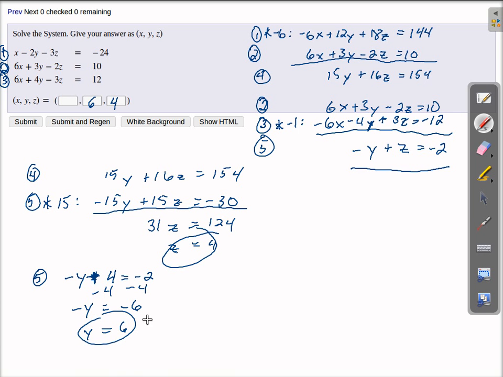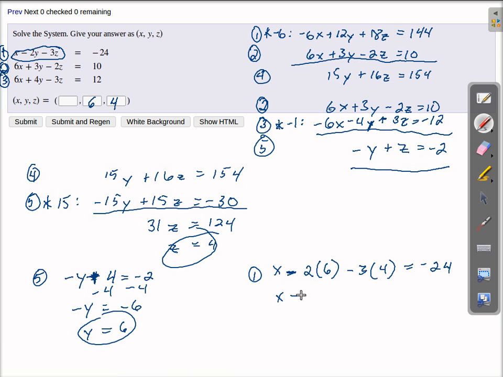Now that I know z and y, I can go back to one of the original equations and pick the easiest one. It looks like this first one is the easiest one. Plug z and y in, and I'll be done. So let me do that here. If I know that y is 6, I can say this first equation is x minus 2 times 6 minus 3 times z, but of course I know z is 4, so that's going to equal negative 24.